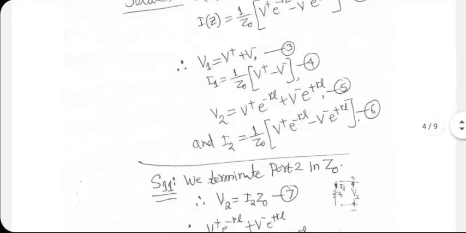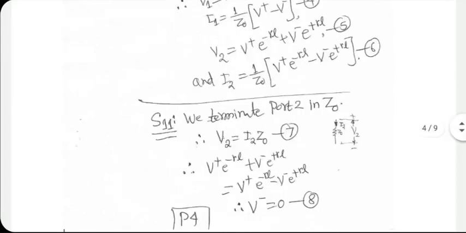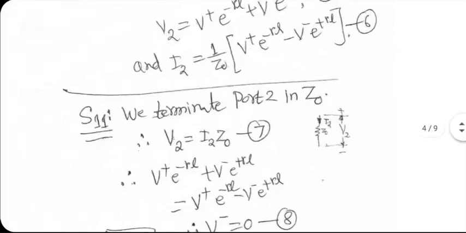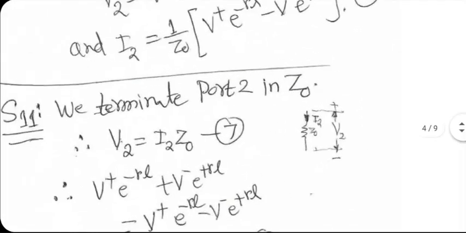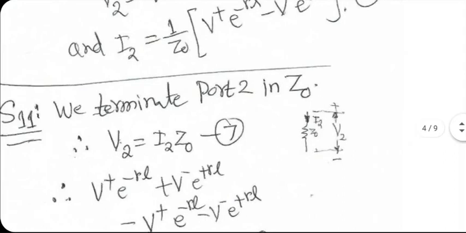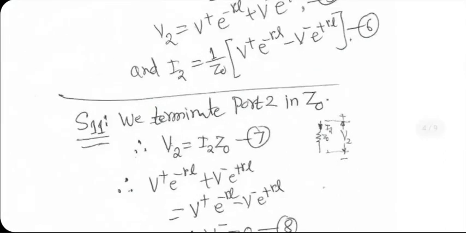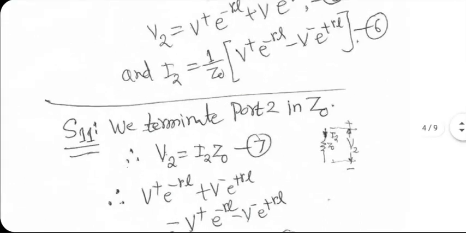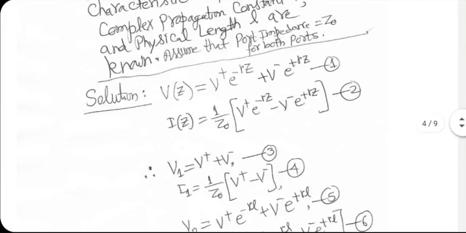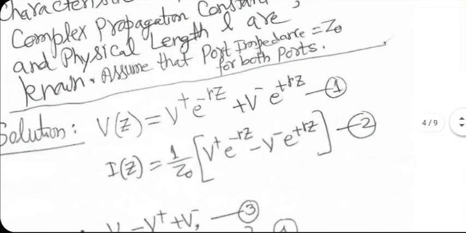Now, for S11, I want to terminate port 2 in Z0. That means I'm putting an extra condition, V2 equal to I2 Z0. For the sake of defining these equations in transmission lines, we had assumed I2 to be coming out.